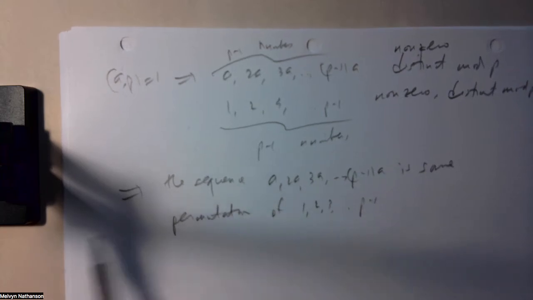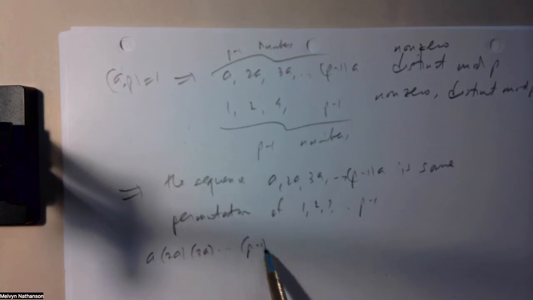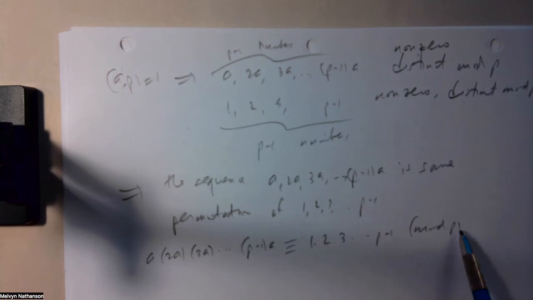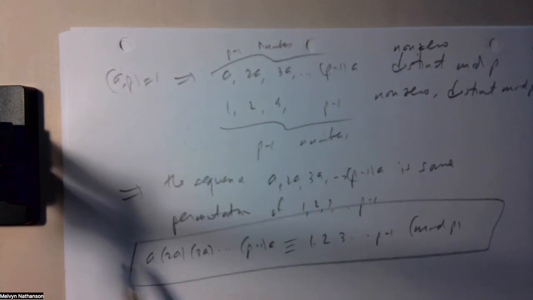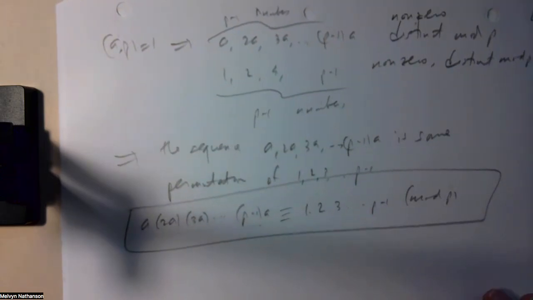Which means if I multiply them all together, a times 2a times 3a up to p minus 1 times a, that's the same as the numbers 1 times 2 times 3 up to p minus 1 mod p. Because these numbers are just these numbers in some other order, but multiplication is commutative, so it doesn't matter what order you put them in. This product is equal to this.